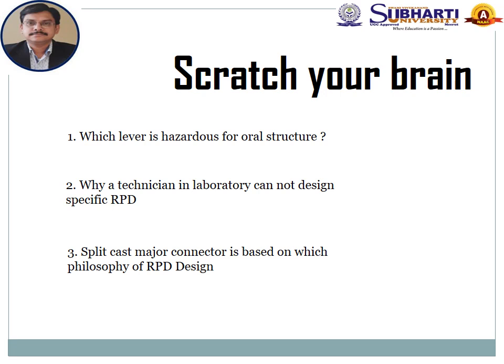What is a class 1 lever? Where the fulcrum is present in between the effort and resistance. And why is it hazardous? Because a little bit of force will magnify the reaction. That is why it is hazardous for oral structure. But in day-to-day life, outside of the oral cavity, it is very good for human beings.